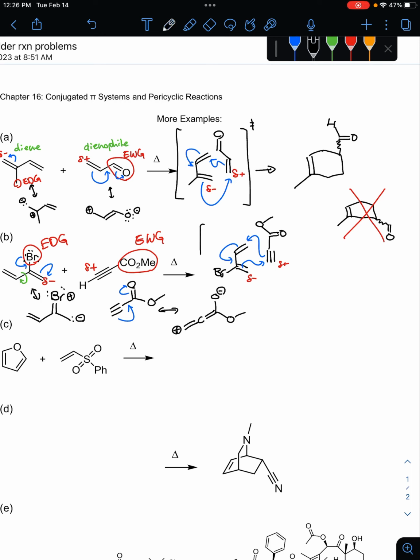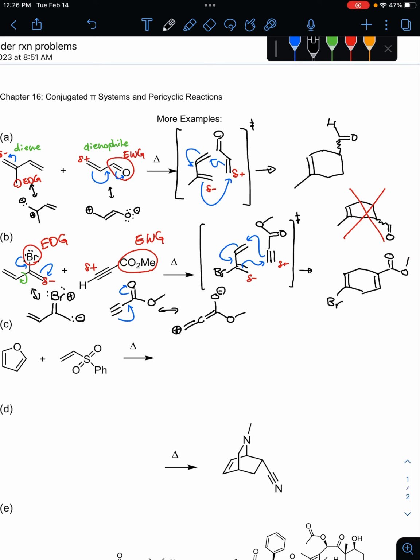And that will, after this transition state, remember that the dagger sign means transition state, give that would be the product.